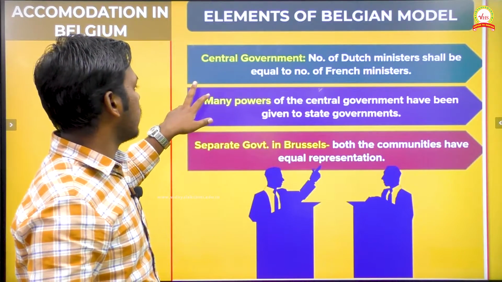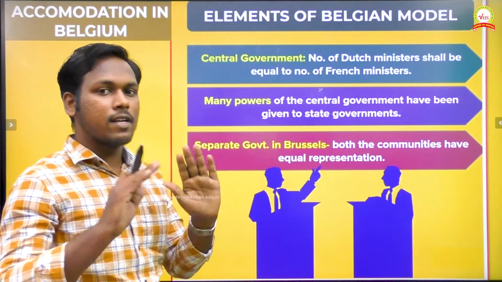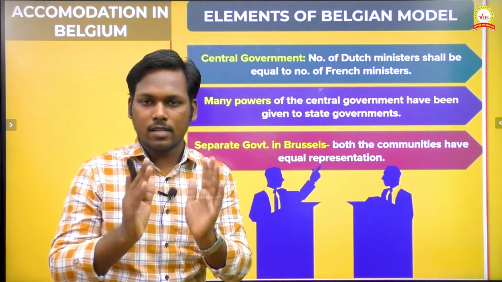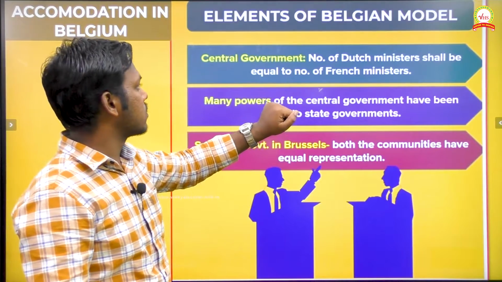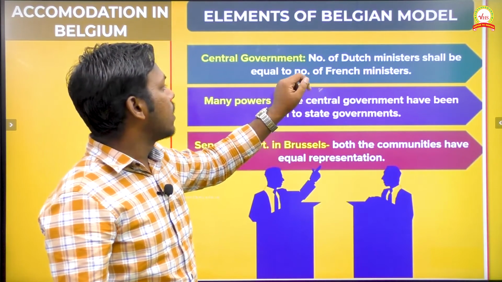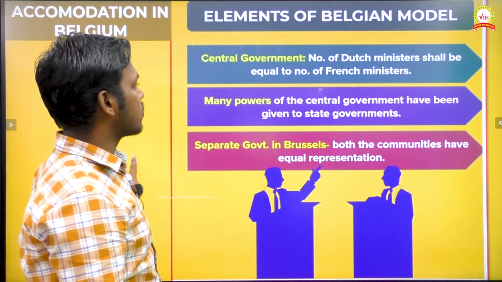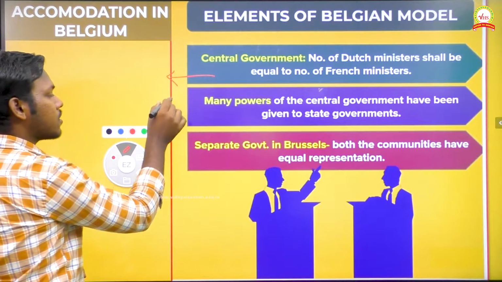What they followed were elements of the Belgian model. Not like Sri Lanka, they derived a wonderful methodology to keep up their positions. The central government implemented that the number of Dutch ministers shall be equal to the number of French ministers. This is actually really appreciable, guys.